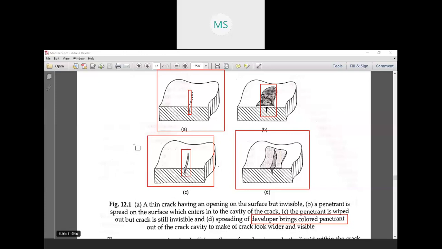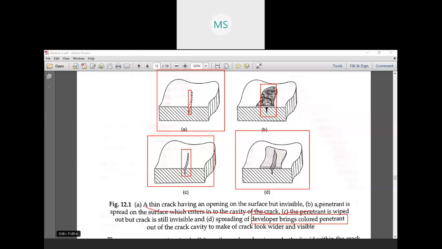Let us see it again. The first point: there is a thin crack in the first diagram A, having an opening on the surface but it is invisible.